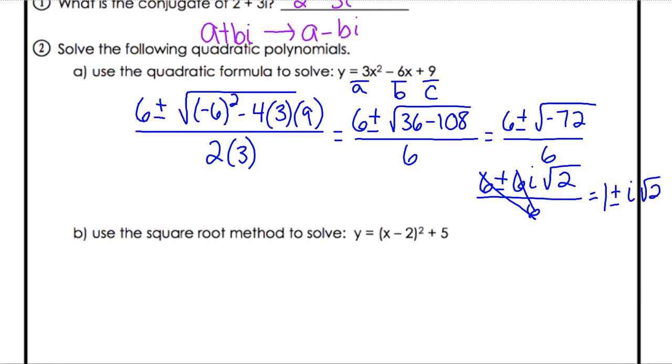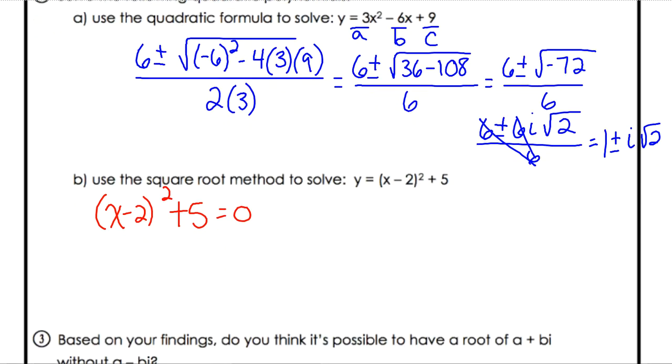Now, let's solve using a different method. So we're going to solve with the square root method here. Remember the square root method: we take our equation of a quadratic, we set it equal to 0, and then we start isolating that x. So I would subtract 5 from both sides and get x minus 2 squared equals negative 5.